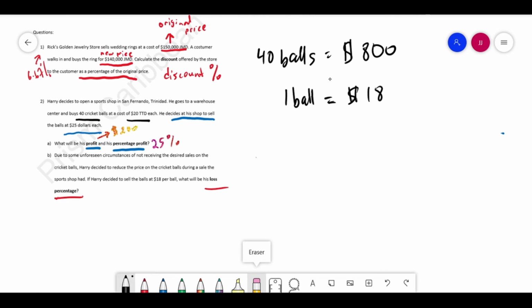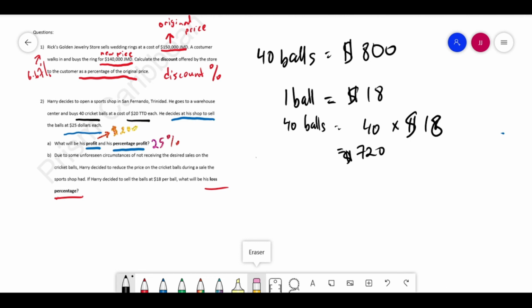So we know one ball is $18. Therefore, 40 balls is equal to 40 multiplied by $18 per ball. So this will be 40 multiplied by 18, which is $720.